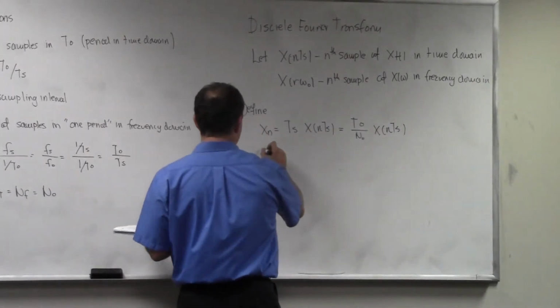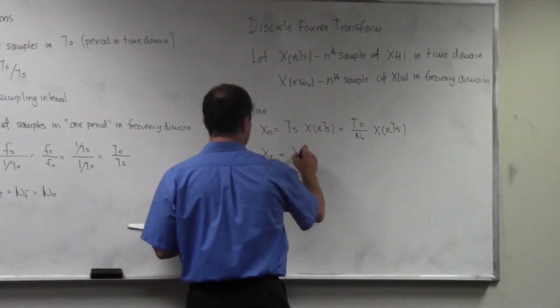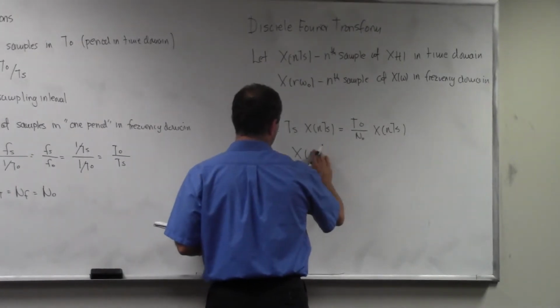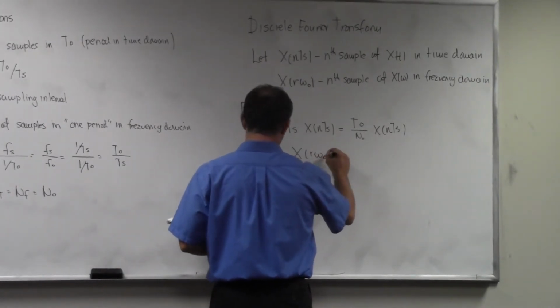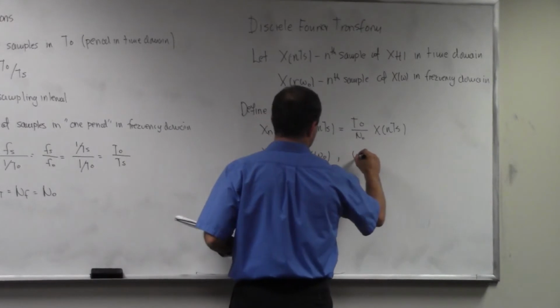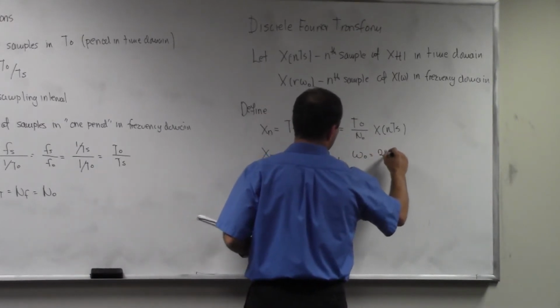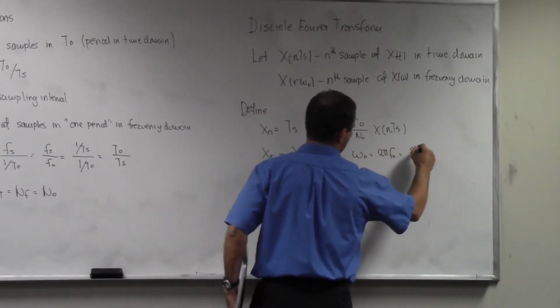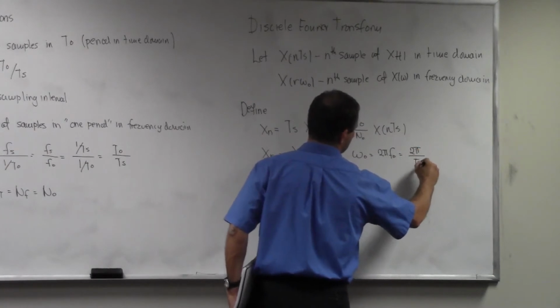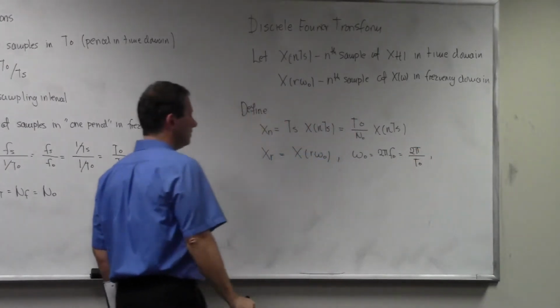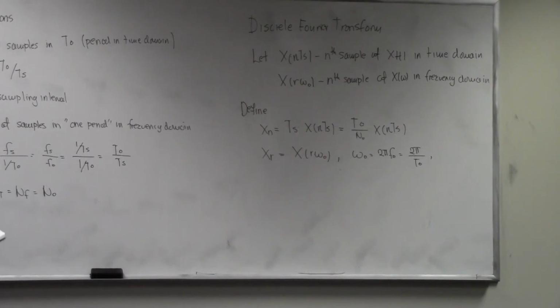And also I'm going to define xr as x of r omega 0, where this omega 0 is equal to 2 pi f0, which is 2 pi over t0. t0 is the time that I have available for processing.